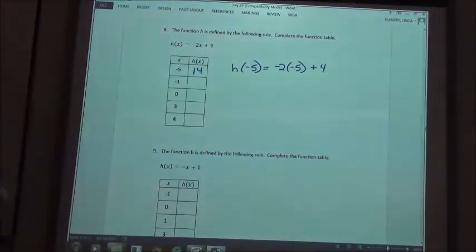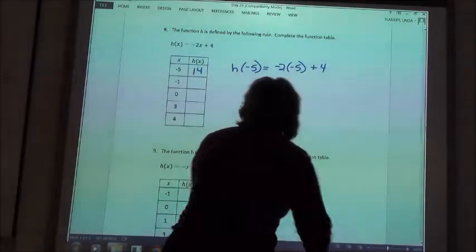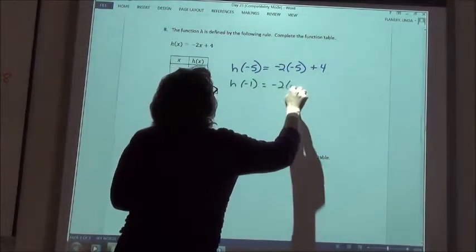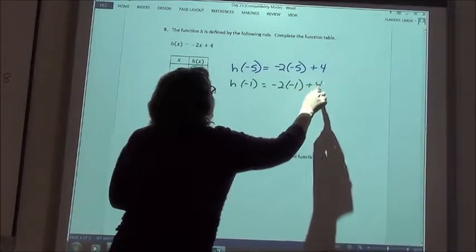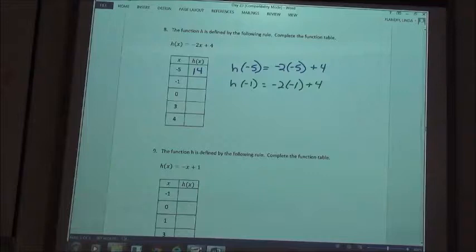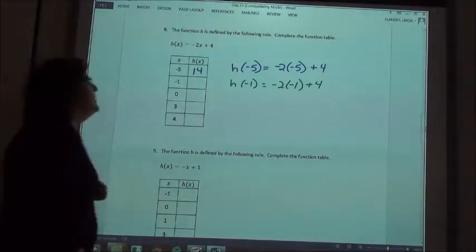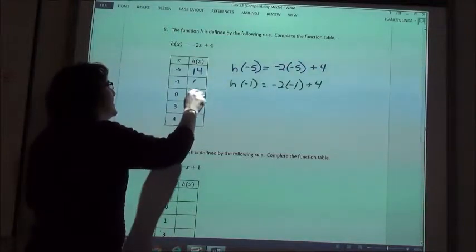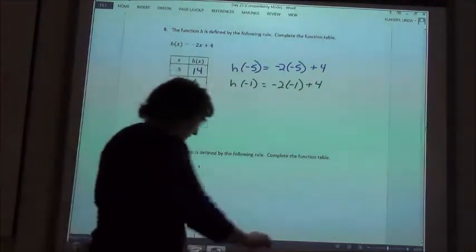And then we're going to do h of negative 1. So if we take negative 2 times negative 1 plus 4, we get an answer of 6. 2 plus 4 gives us 6.